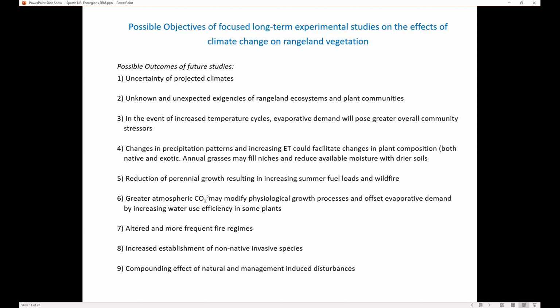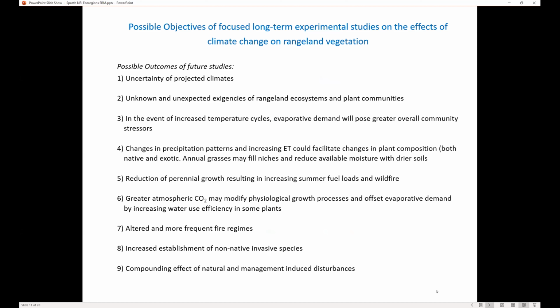We could look at what was the effect of, for example, greater atmospheric CO2, the results of reduction in perennial plant growth, the establishment of non-native invasive species, and the effect of more altered or more frequent fire regimes.